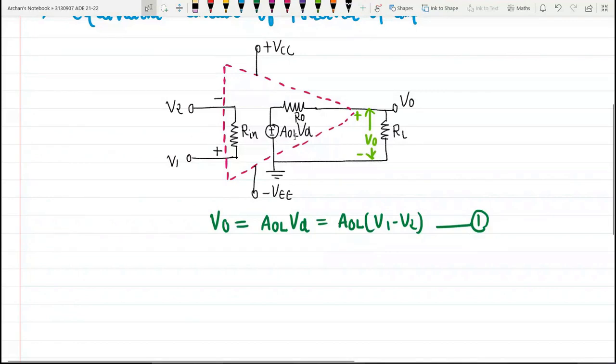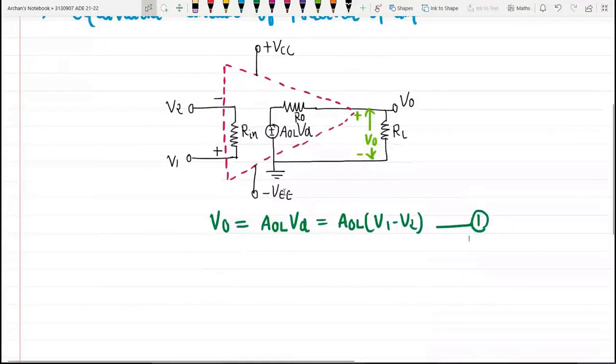It is nothing but the Thevenin's equivalent voltage source, while R0 is the Thevenin's equivalent resistance if we look back into the output terminals. This equivalent circuit plays an important role in analyzing various operational amplifier applications as well as in studying the effect of feedback on the performance of the operational amplifier.